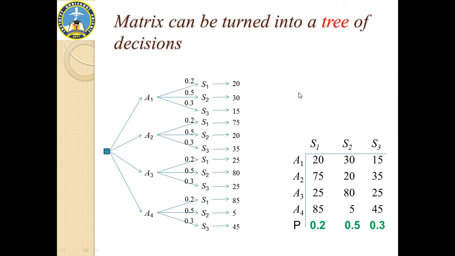Now we're playing against nature, so there's only one person making decisions. Nature doesn't play against you. Nature just turns up in one of its states. But sometimes it's convenient to turn this payoff matrix into a tree.